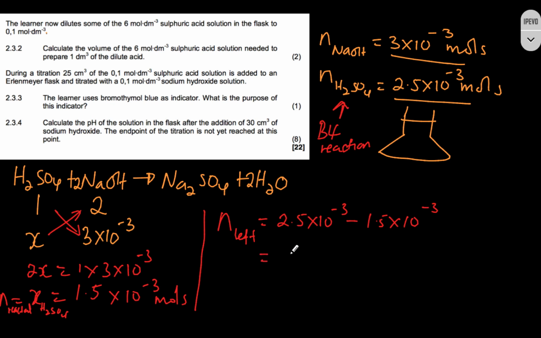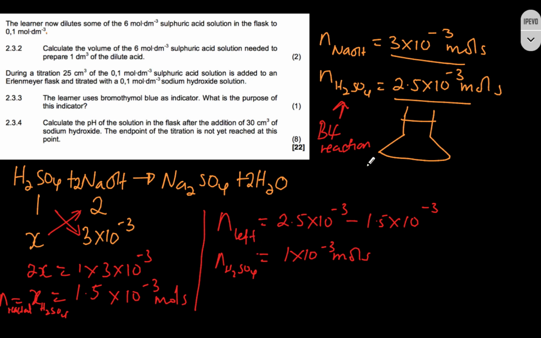This would give us 1 times 10 to the power of negative 3 moles as the leftover moles of H2SO4.